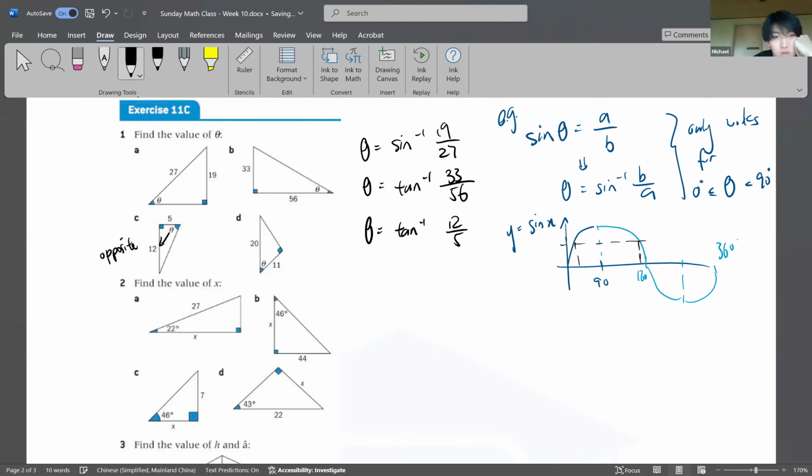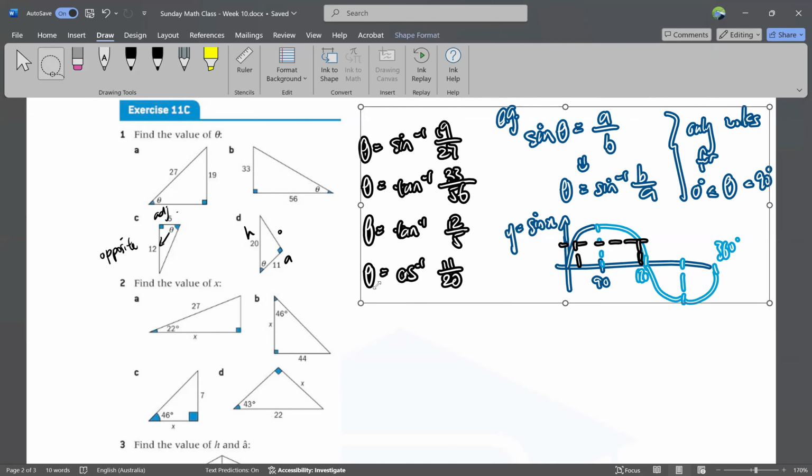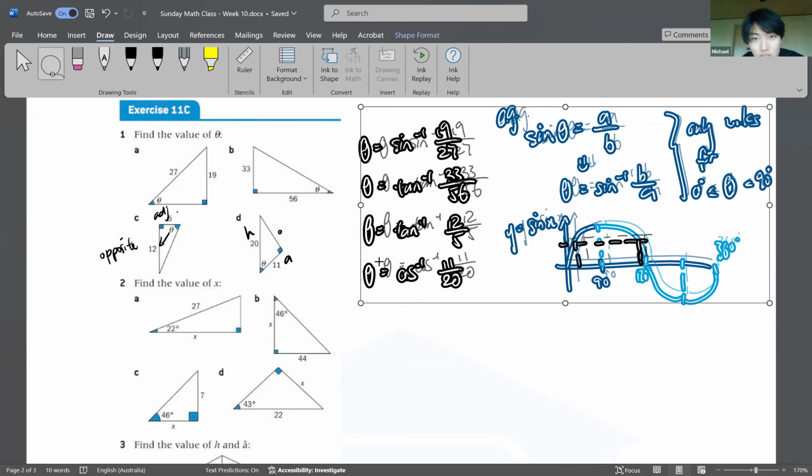All right, question 2. Who wants to start? 27 times cos 22. Nice. I don't know if that's correct because I'm resizing the top part, so I'm making enough space for the second one.